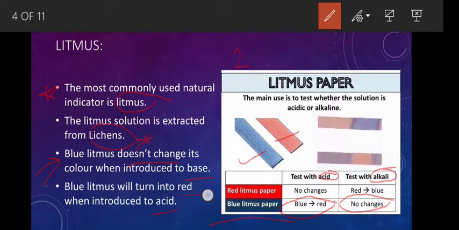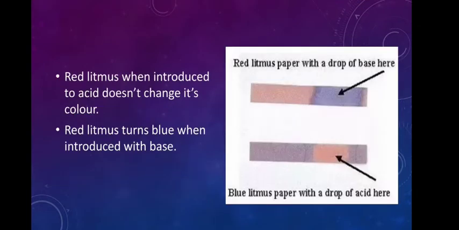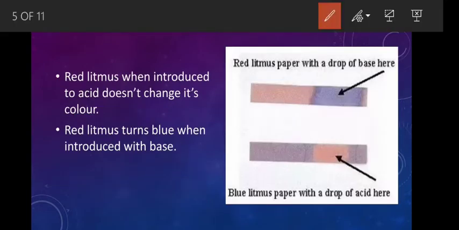Okay. Alright. Now we will take red litmus paper. What have I taken? Red litmus paper. If we introduce red litmus paper to acid, what will happen? Let us see. It will not change its color, it will remain red.